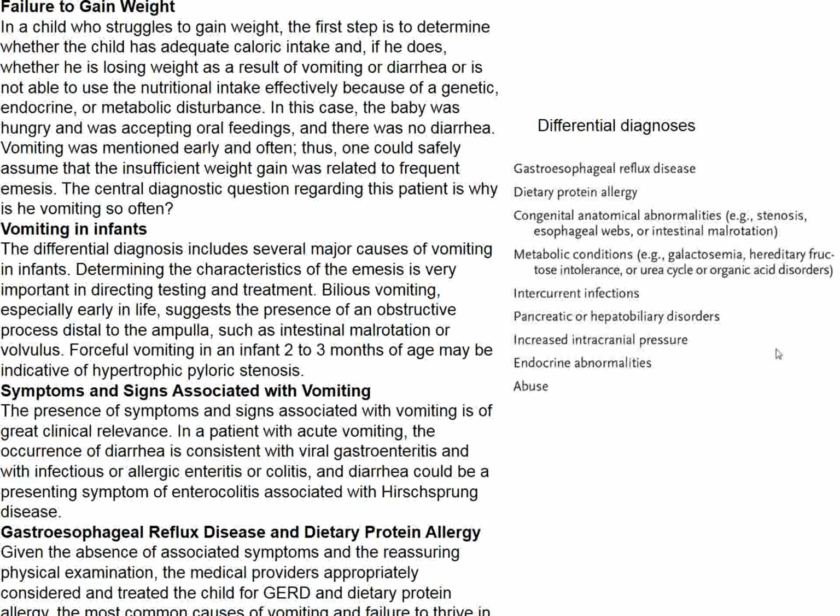The problem here wasn't projectile vomiting. Endocrine abnormalities, there was no clinical evidence of this, and there was no evidence that the child was being abused. So all of these possibilities were discussed.